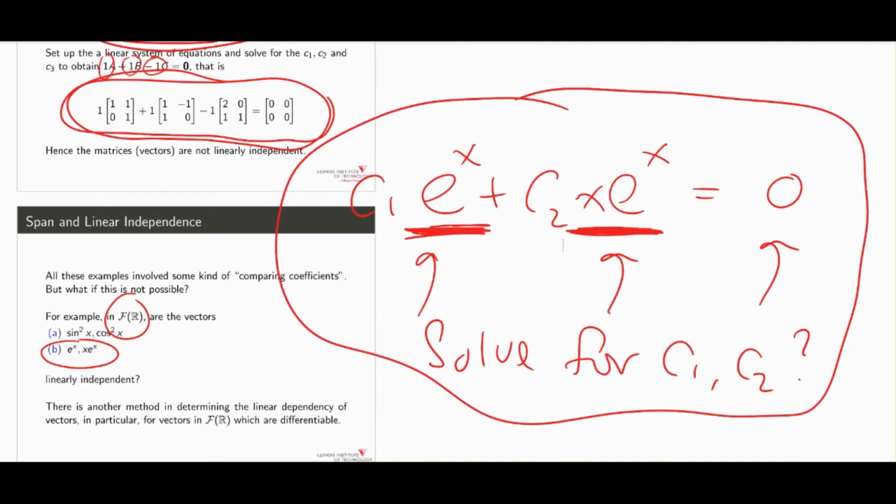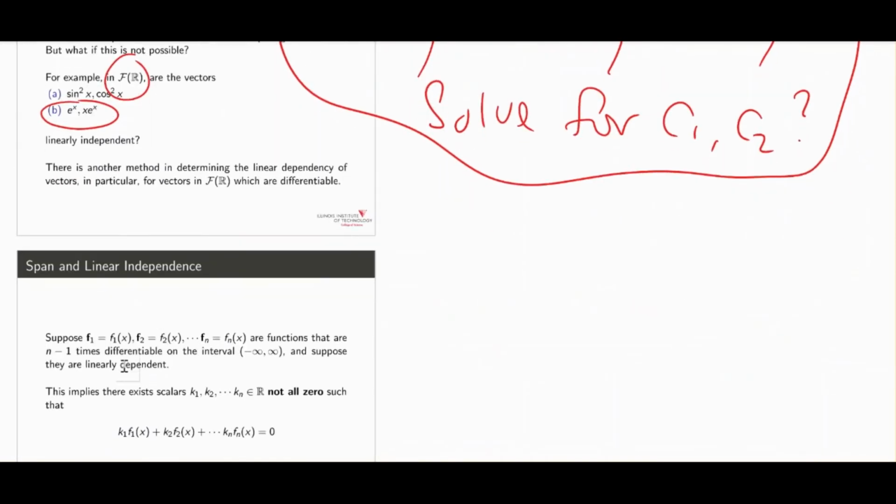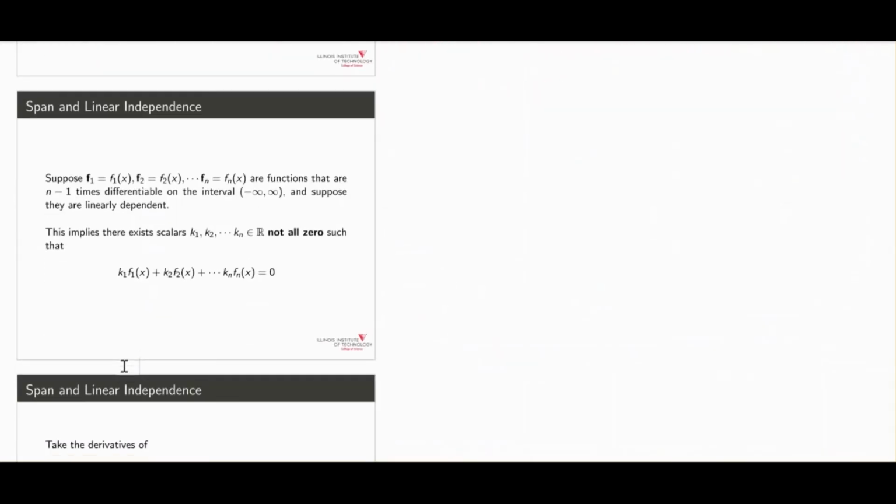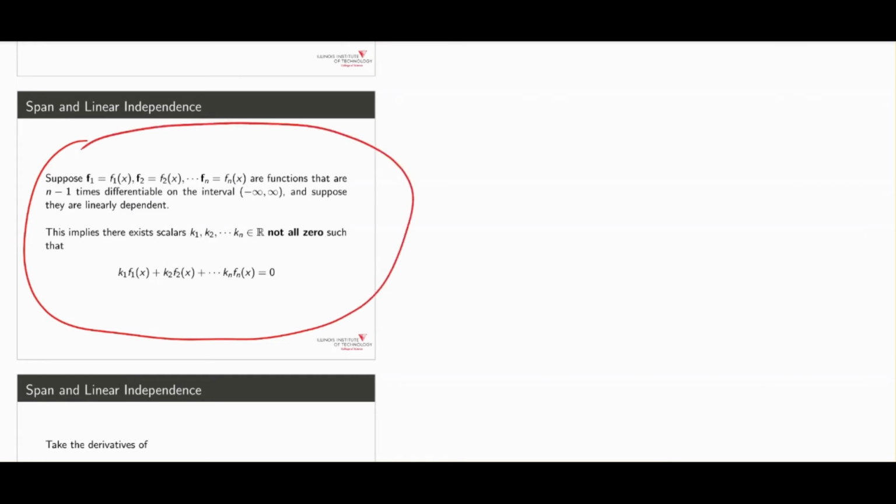And the way we do it is to create a system of equations in a very artificial way, and then work from there, right? So this is going to lead you to the concept of Wronskians and all that, and it works very well for a function space that looks like this, where all your functions are differentiable, at least n-1 times differentiable on an interval, on this particular interval here, okay?